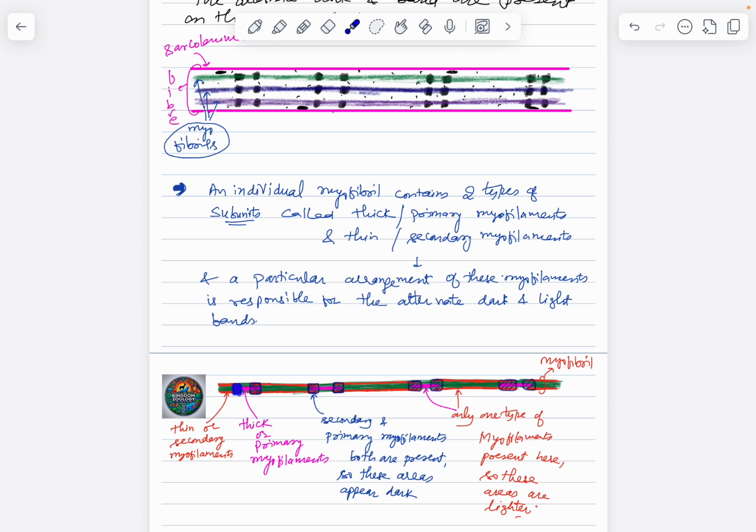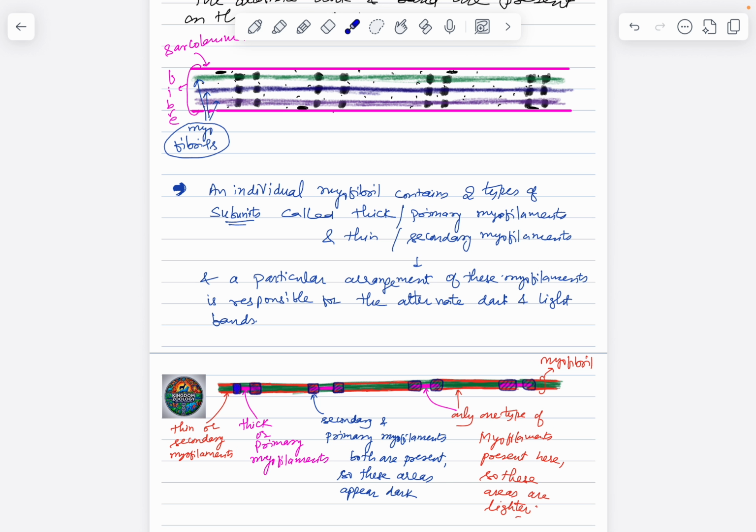There are certain portions in this myofibril where both the myofilaments are there, primary and secondary, or thick and thin, so they are looking darker. This area over here, what is present? Only one type of protein, so they are appearing what? Lighter.